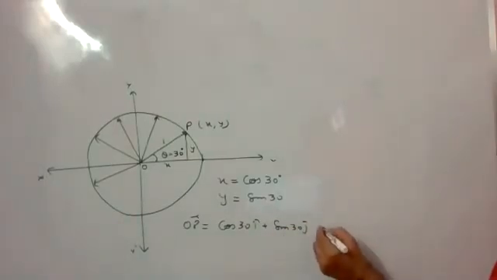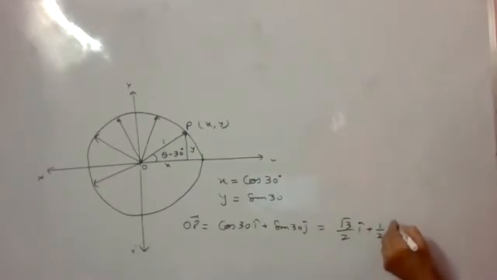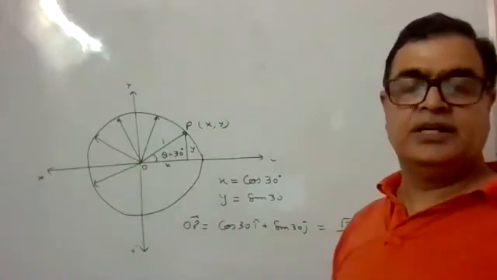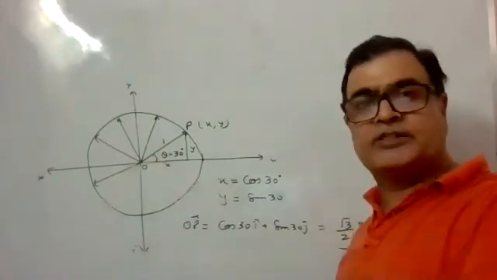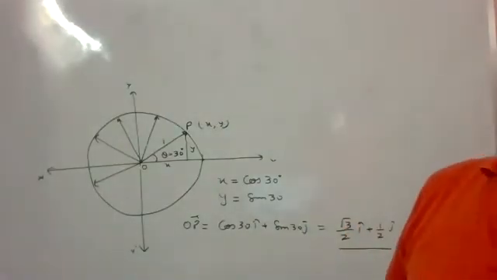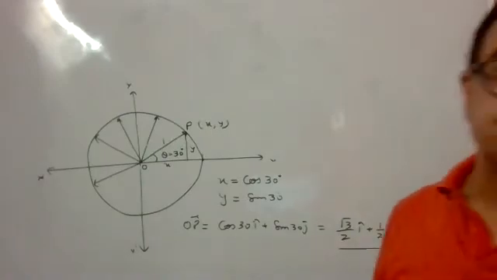Cos 30 is root 3 by 2, so OP vector is root 3 by 2 i cap plus 1 by 2 j cap. So if they give a special angle, we calculate that. If they are not giving a special angle and ask for all possible, then we say theta.